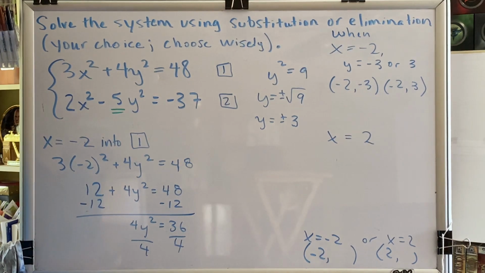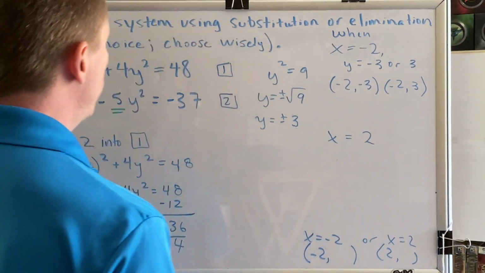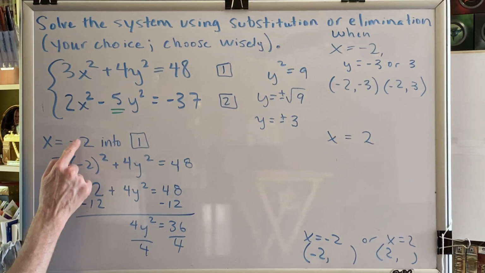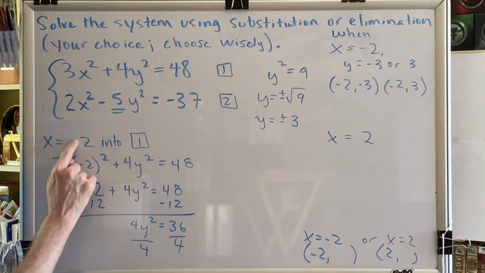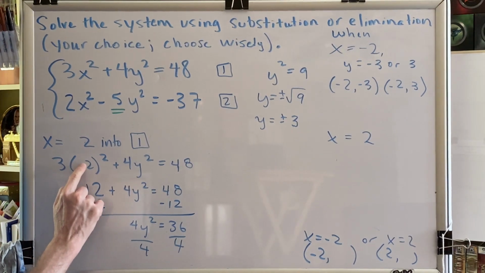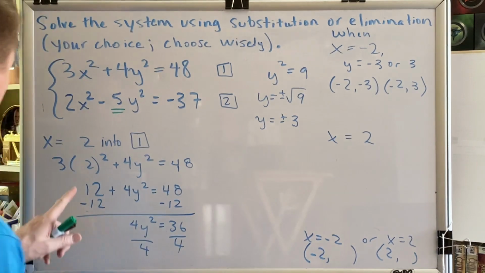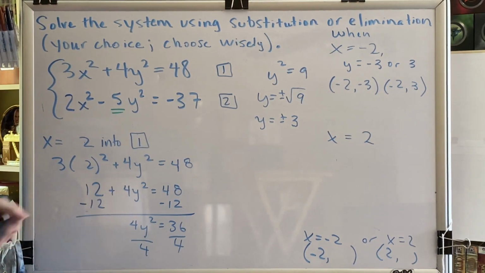Okay, we now need to complete this process again using the other value of x, the positive one this time. We'll use the same method. We go back to equation 1, and we replace all of the x's with positive 2. Notice that I'm just going to do a little bit of erasing right here, and the rest of our algebra is valid. Because whether you have a positive or negative, when you square it, you're going to get a positive result.